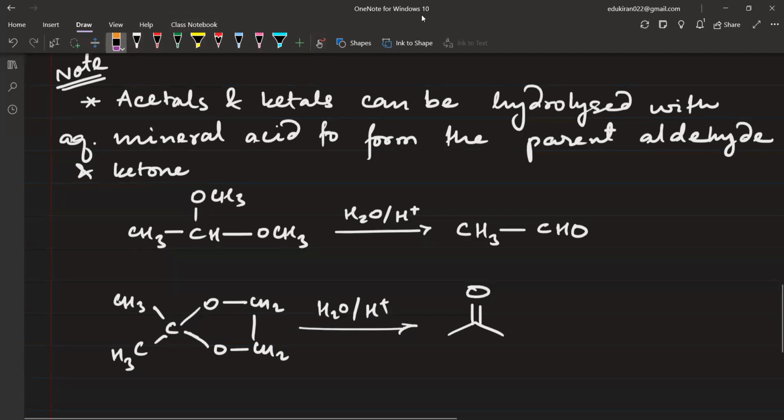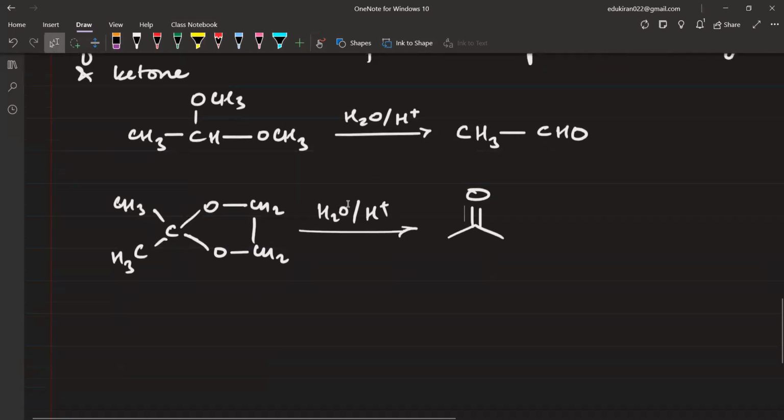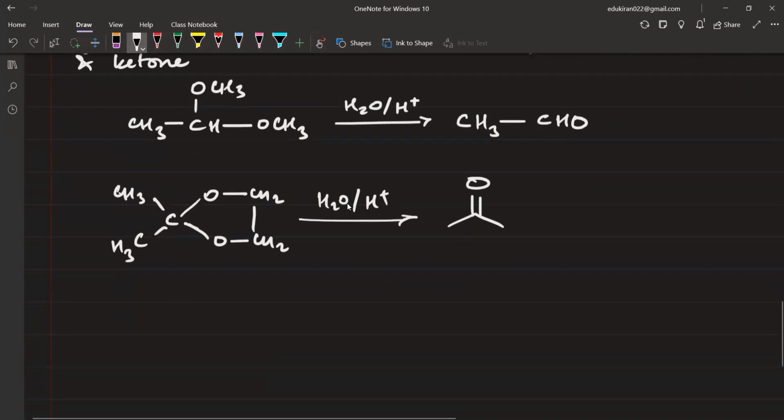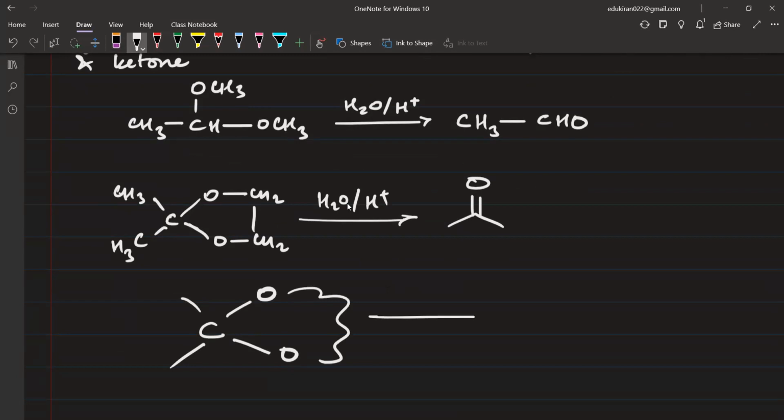So what you need to do, you need to convert carbon, basic reaction. What is happening here? Please see. Carbon that is having oxygen and oxygen like this, whatever be the bonds here, I am not worried about that. If carbon is there and it is having gem O, that means in one carbon you have O and O, and whatever be the thing here, I don't care about that.